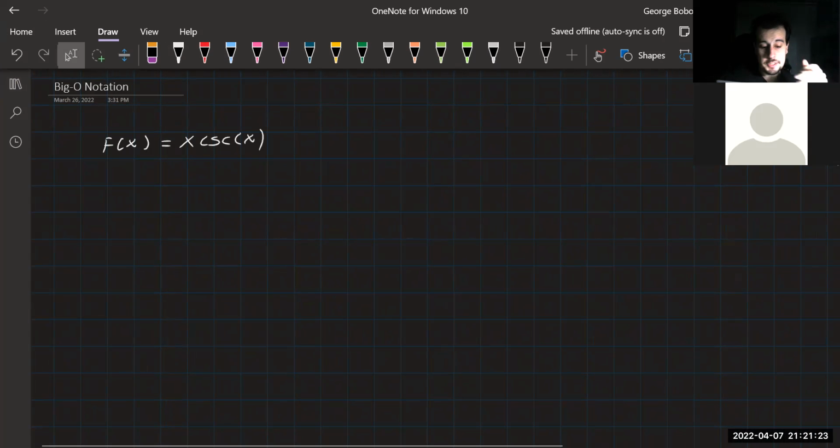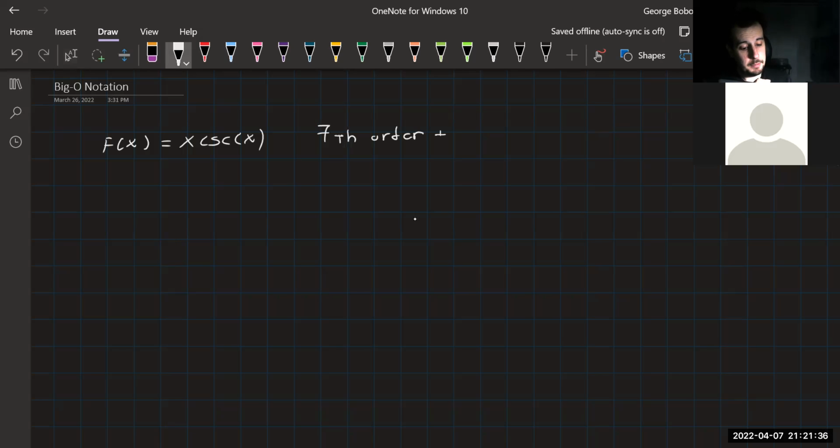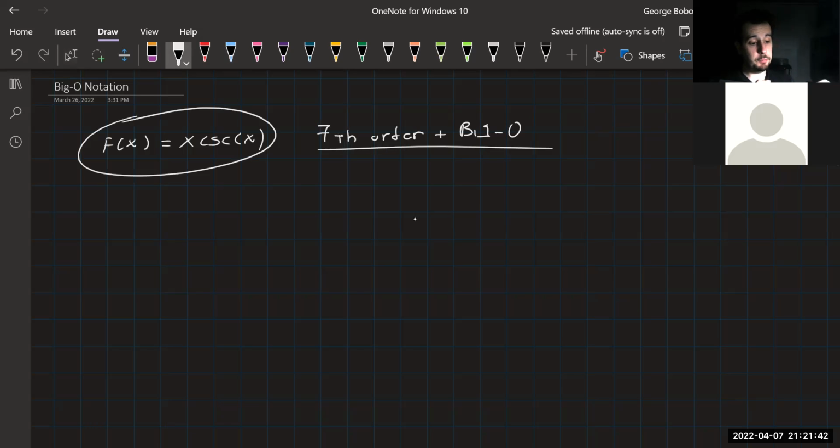And the goal of this is to use the 7th order Maclaurin series plus big O notation. So we want to approximate this function using the 7th order Maclaurin series of this.